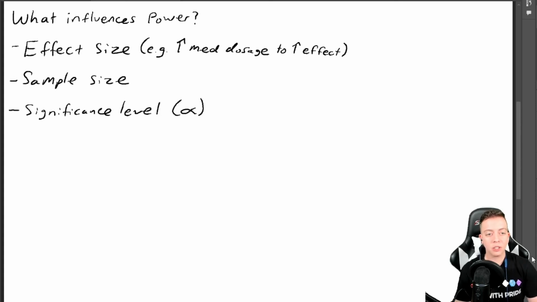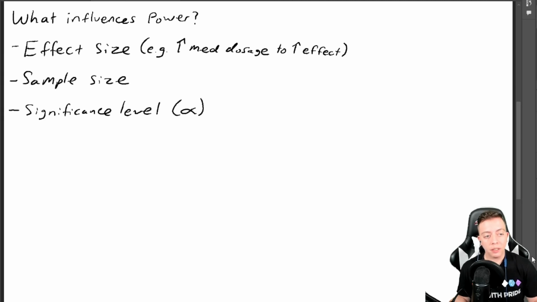Significance level. As I mentioned, alpha is directly related to power. As I increase power, I increase alpha. So if I say that alpha is, instead of 0.5%, I say it's 10%, sorry.